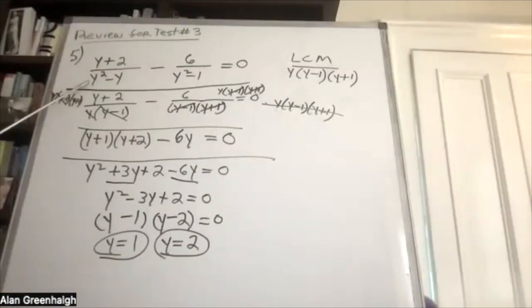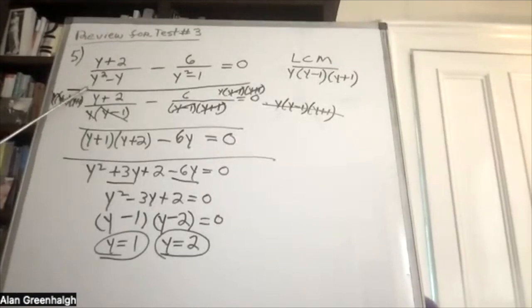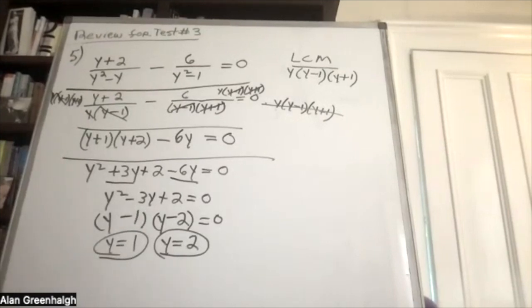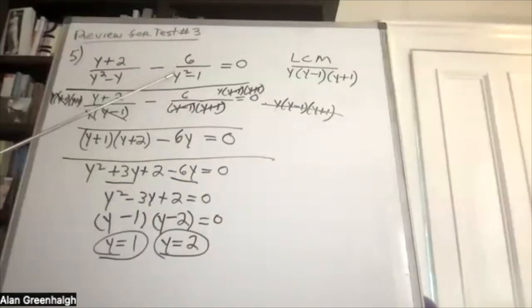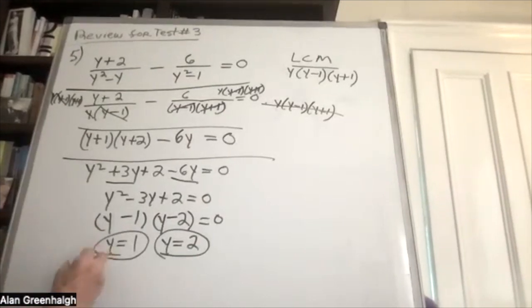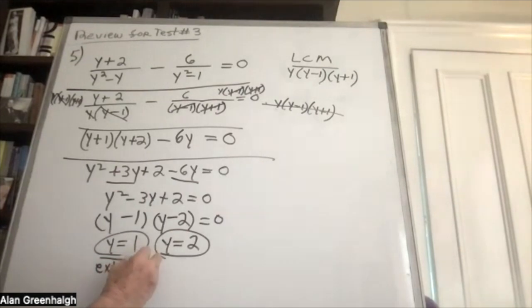And you can see that 1 squared is 1. 1 minus 1 is 0. This is an extraneous solution. No good. It even doesn't work here. 1 squared is 1. 1 minus 1 is 0. This is extraneous.